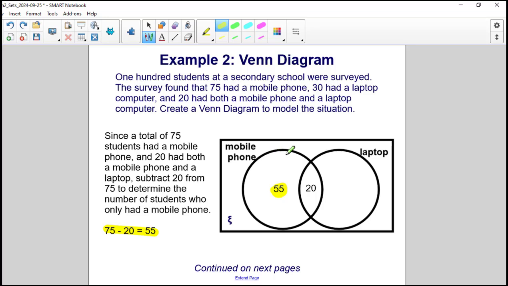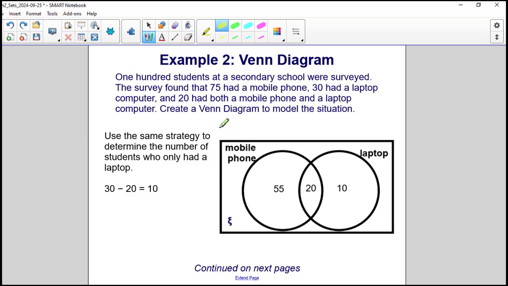Notice that if we take the 55 students who had only a mobile phone, plus the 20 students who had both a mobile phone and a laptop, the total number of students who had mobile phones is still 75.